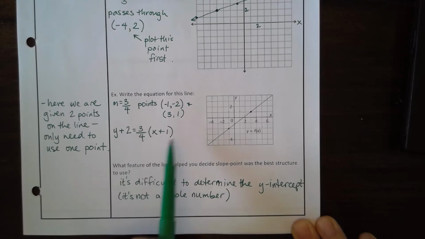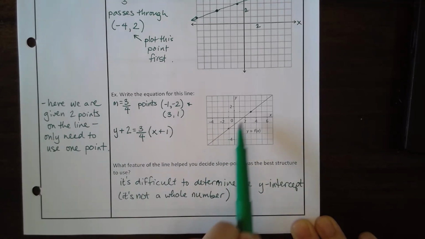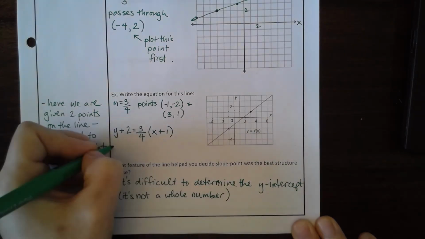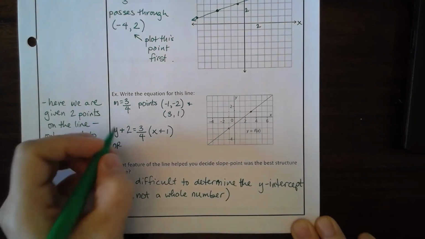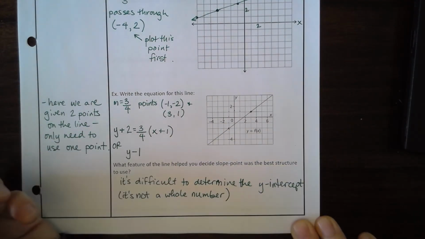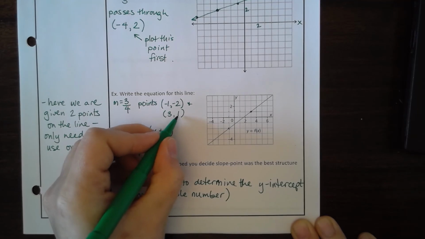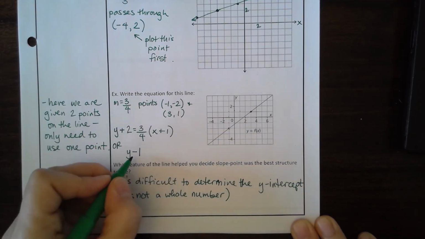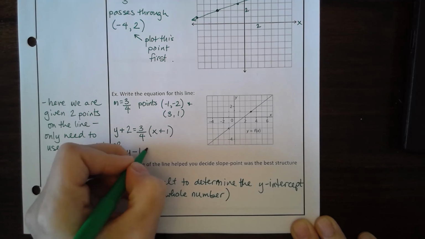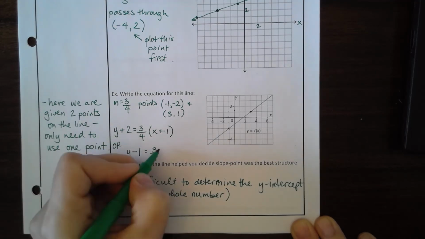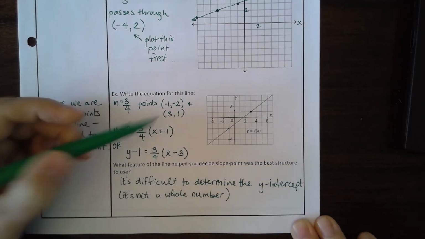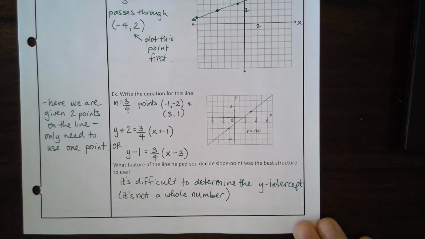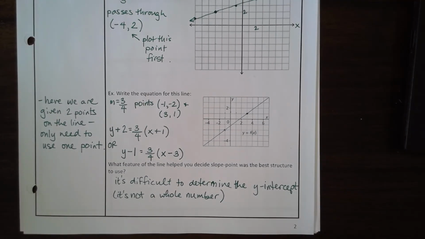Okay, so this equation represents this line that passes through that point right there, or I could use this point right here, the (3, 1), right, to write the equation of this line. So y minus 1, because that y value is positive in the ordered pair here, so I make it negative here, equals 3/4, because that's still the slope, bracket x minus 3, because I changed the sign from positive to negative.